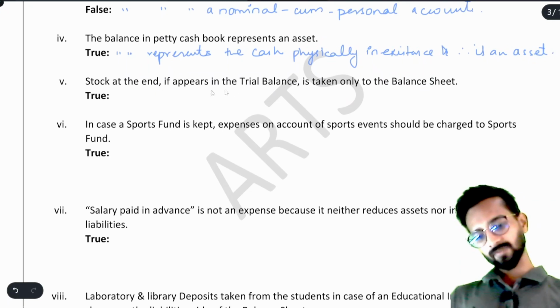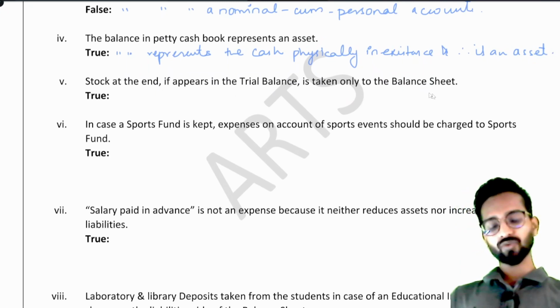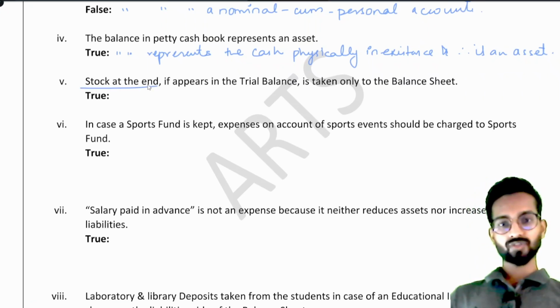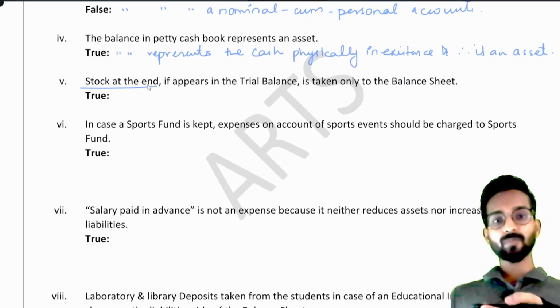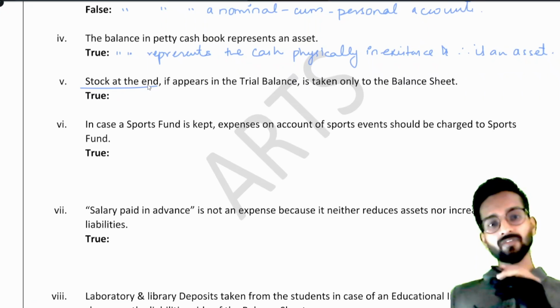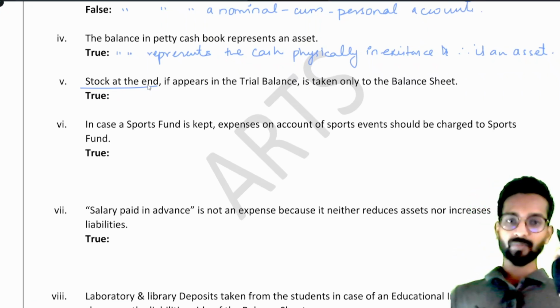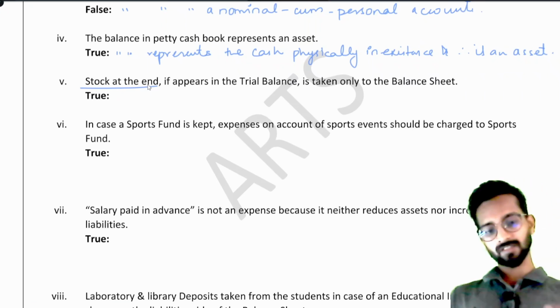Now stock at the end, if appears in the trial balance, is taken only to the balance sheet. See, stock at the end, they are talking about closing stock, and if it is appearing in the trial balance, we know whatever is appearing in the trial balance, we post it only at one place, either trading and P&L or in the balance sheet. If closing stock appears outside the trial balance, we have to post it in the trading account also by closing stock, then that closing stock will appear in the balance sheet in the current assets. Understood?